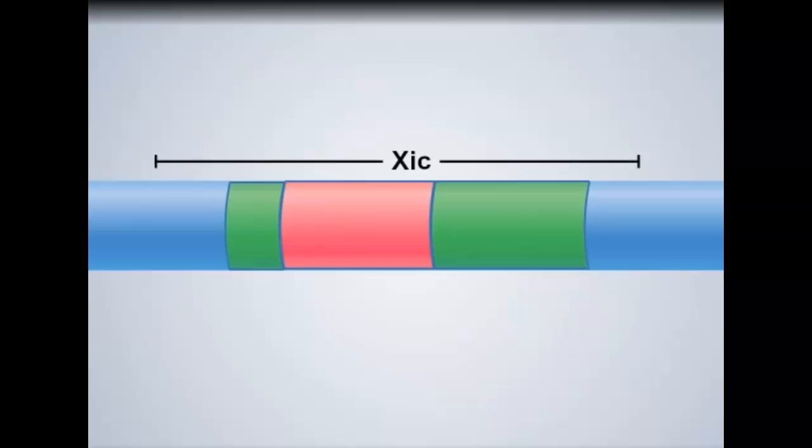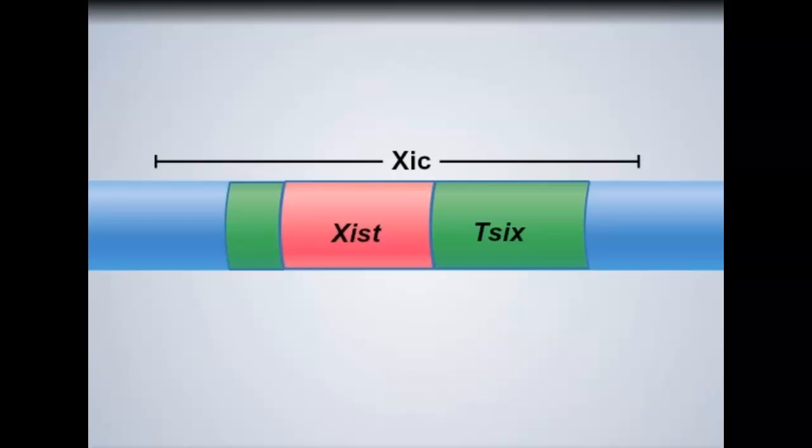This is called the X inactivation center, and on every X chromosome there is this area, with two particular genes of interest. The first one is XIST, actually pronounced ZIST, which is kind of funny.